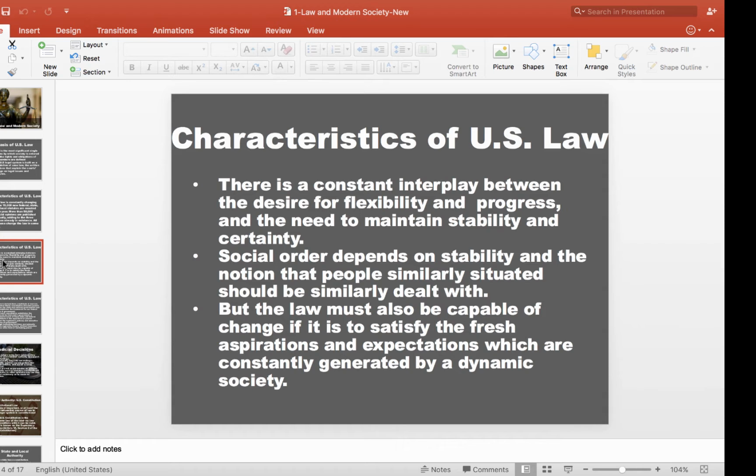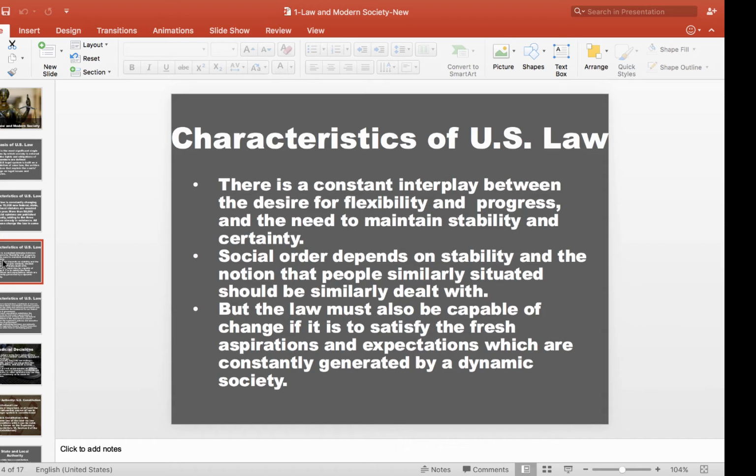Social order depends on stability and the notion that people should be dealt with in the same fashion. So essentially it's, there but for the grace of God go I, so that everyone has the right to an attorney. Everyone has the same rights to a fair trial. Everyone is seen as the same under the law.